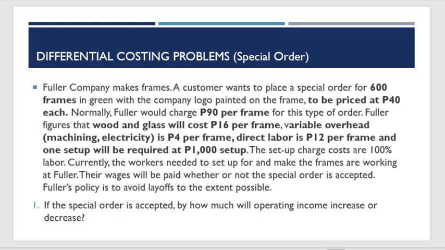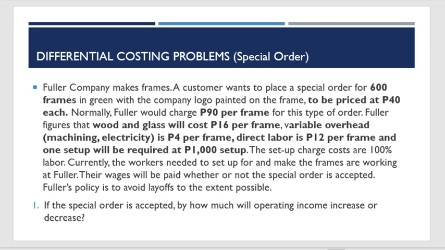So, let us analyze. Okay, magkano yung items na bibilin? 600 frames na 40 pesos. So, 600 frames ang bibilin at 40 pesos.